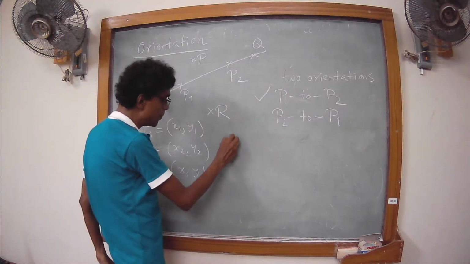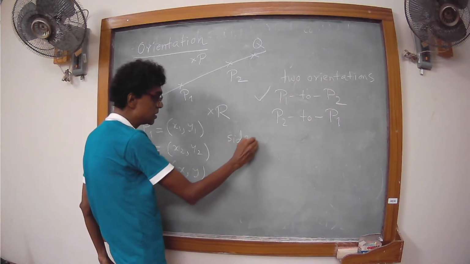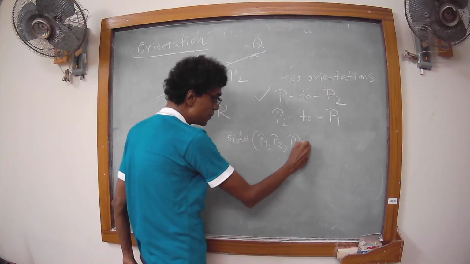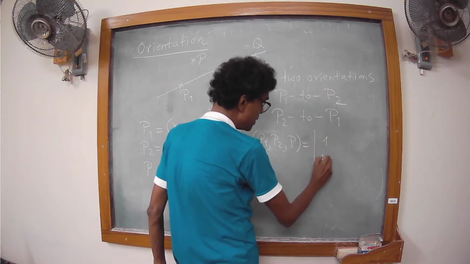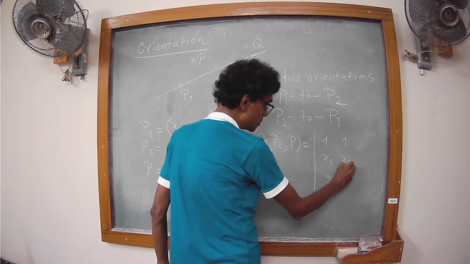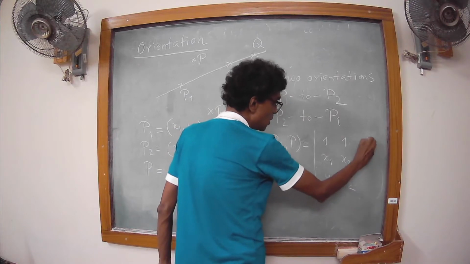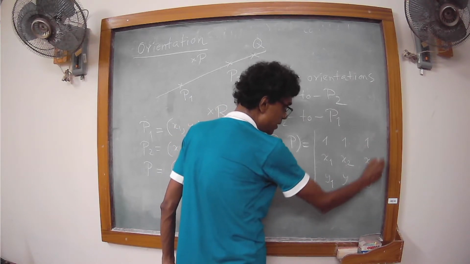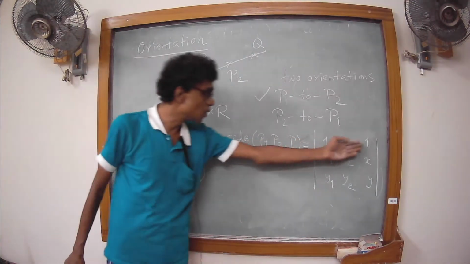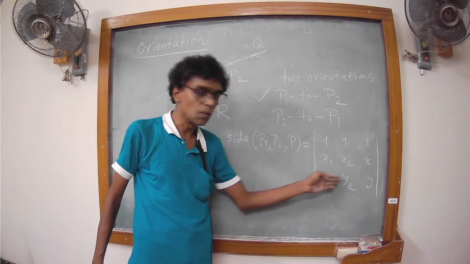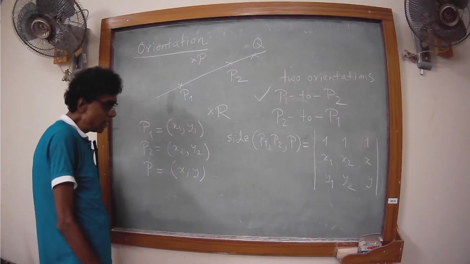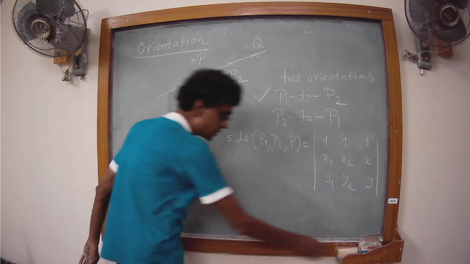Then I simply compute this determinant side(P1, P2, P): the rows 1, x1, y1; 1, x2, y2; 1, x, y. This is a 3 by 3 determinant. This is 1, these are the x coordinates, these are the y coordinates. Okay. Now I have these 3 cases.